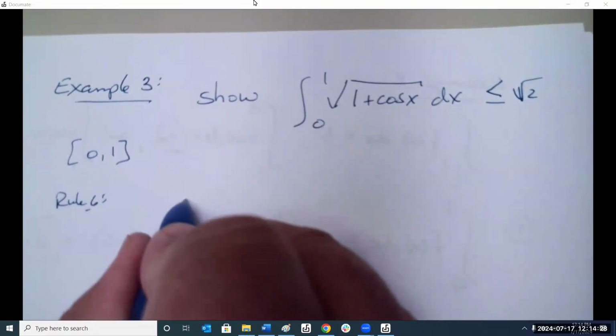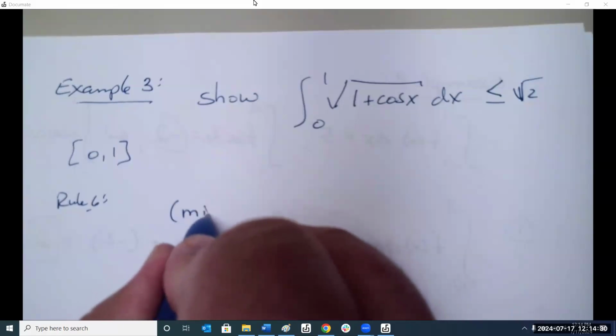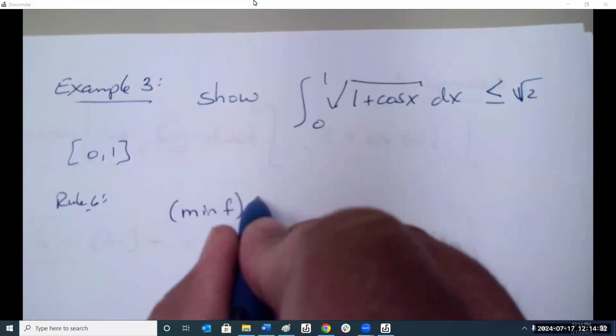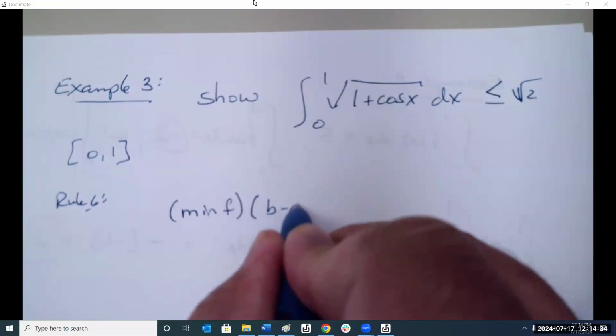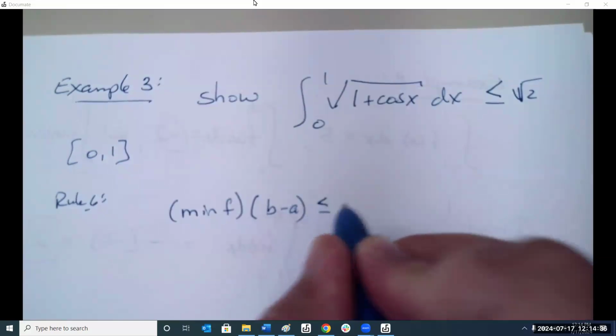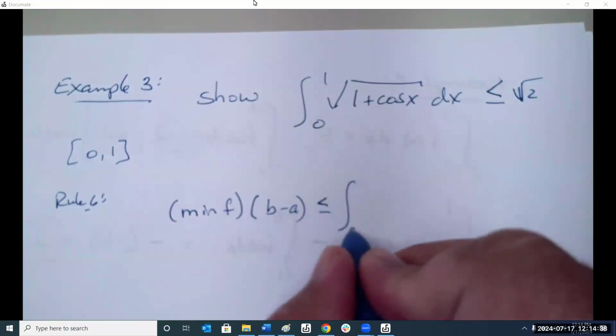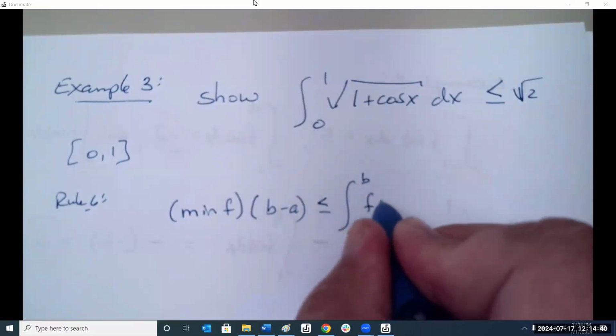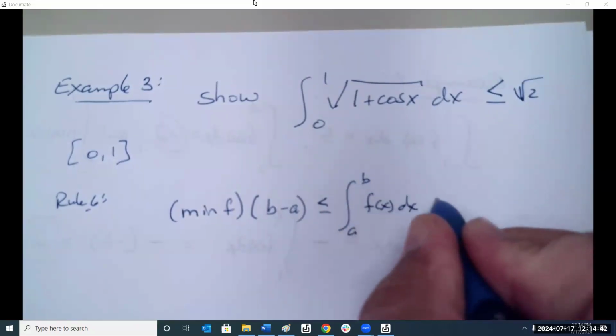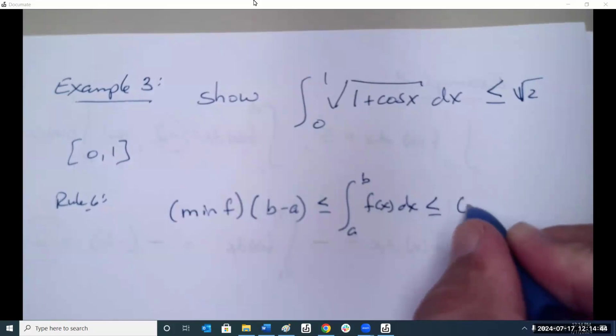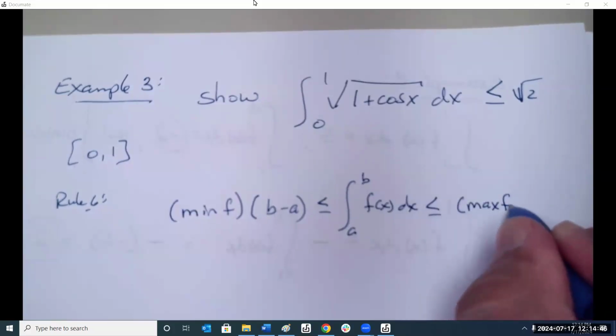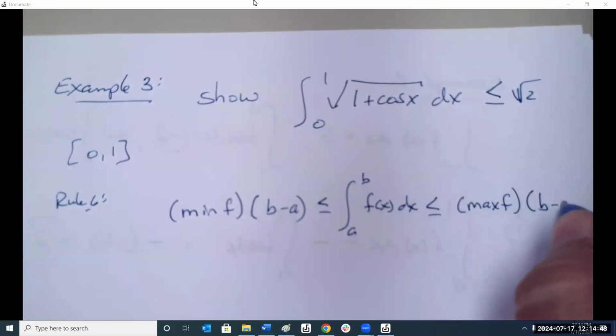It says the min of f times b minus a is less than or equal to the integral of the function, which is less than or equal to the max of f times b minus a.